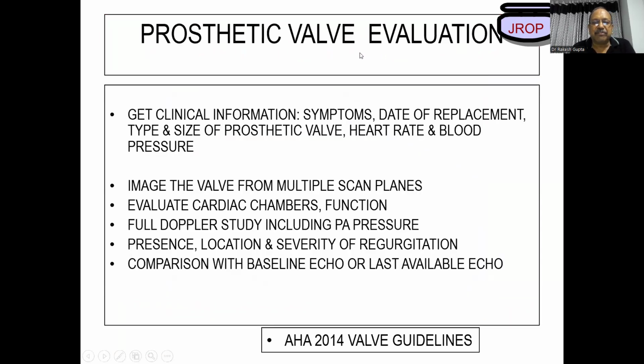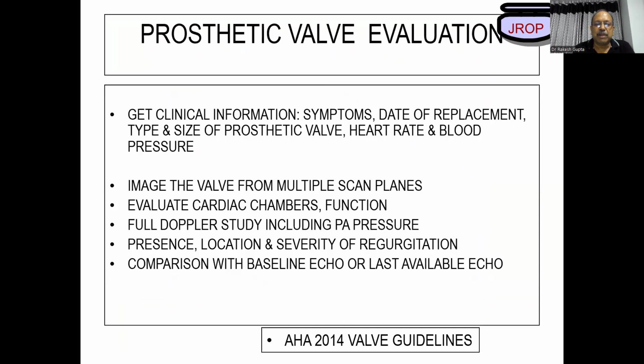What all we need before we start evaluation, when prosthetic valve evaluation is being done. The most important part which we need in day-to-day practice is the clinical information: symptoms, date of replacement, type and size of prosthetic valve, heart rate and blood pressure.